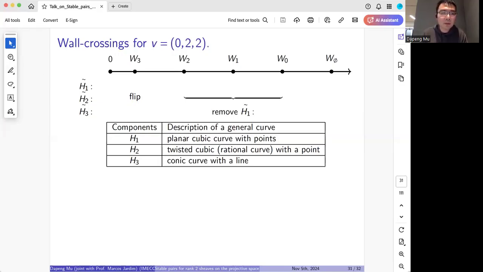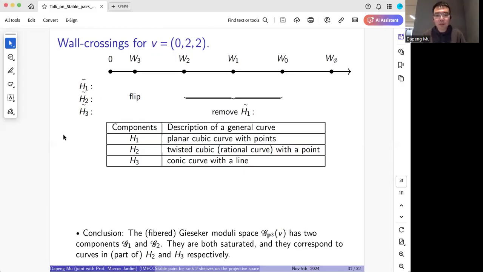We start with 3 components, which are the fiber Hilbert scheme. When we cross the first 3 walls, one of the components is completely removed. And when we cross the very last wall, one of the components undergoes a flip. But a general curve, sorry, this component survives; we only replace a component by some other component, but this component is still there.